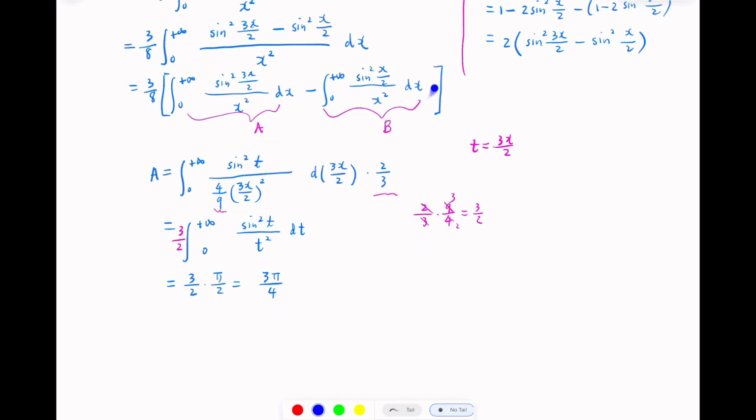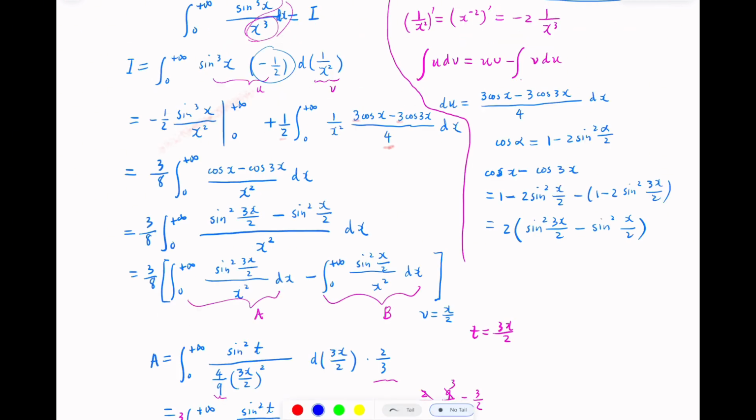Now for the second part, you can use a similar approach. Here we're going to use change of variable, that is, v equals x over 2. I skip the steps, but you can figure it out. The integral is going to be pi over 4. The integral of the third power of the sinc function is 3 over 8.